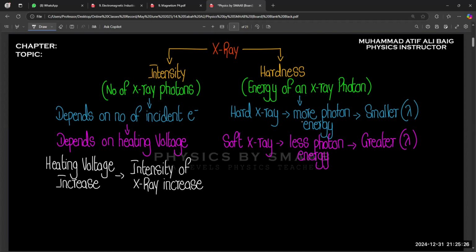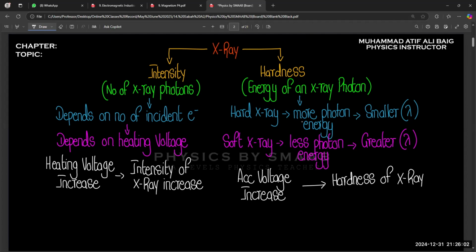And if we talk about the hardness level, when the accelerating voltage increases, the hardness of X-ray increases, right? Any confusion in this?